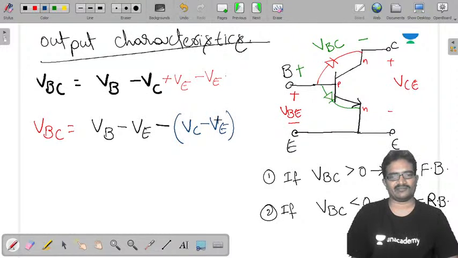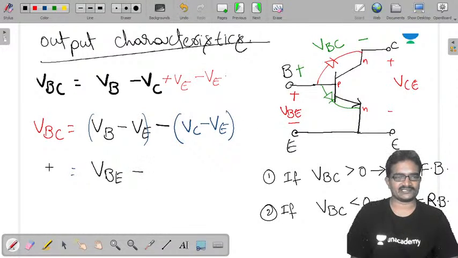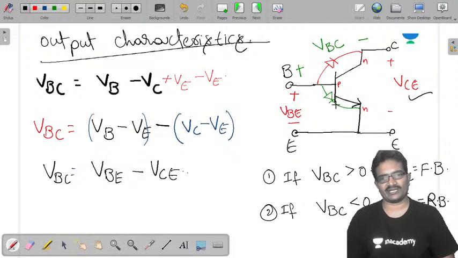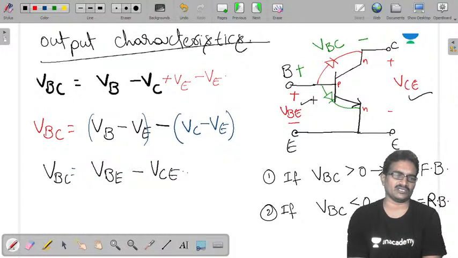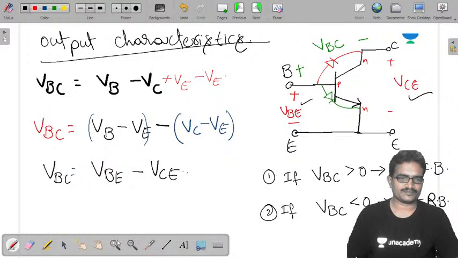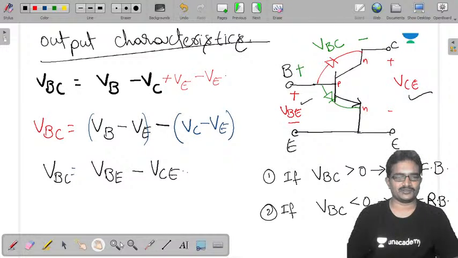Now VB minus VE is simply VBE, the value we apply at the input side, and VC minus VE is nothing but VCE, the other voltage we apply to the transistor. So from the two applied voltages, VBE and VCE, we can get the knowledge of VBC.